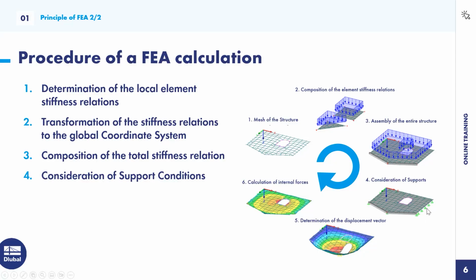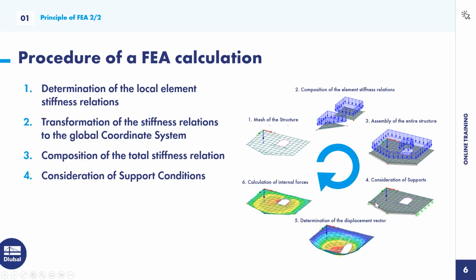And this line support is fixed in Z direction, which means the line can't move in Z direction. That means each entry within this displacement vector which includes the location of this line hinge must be 0.